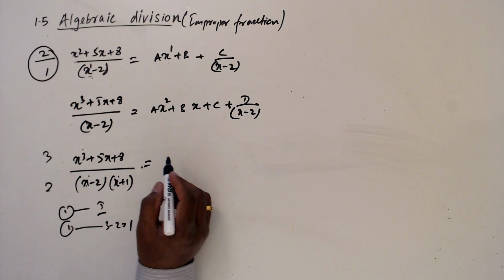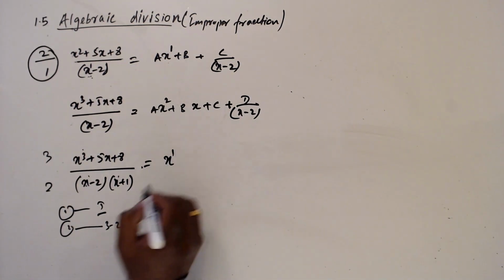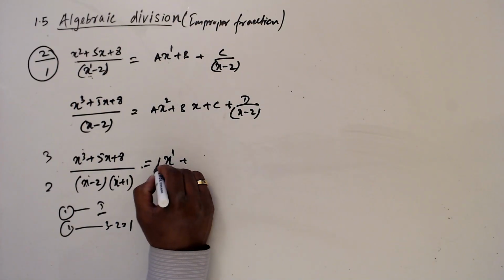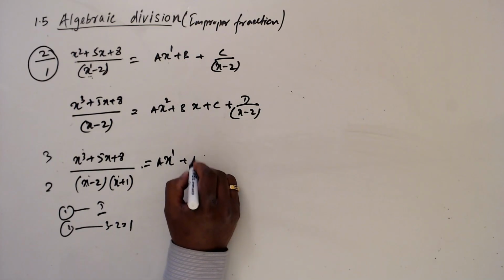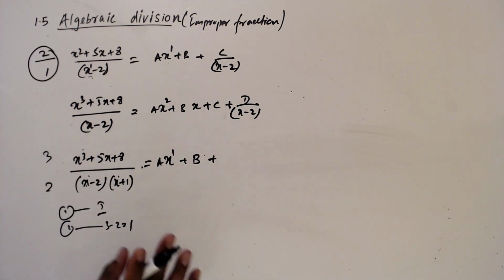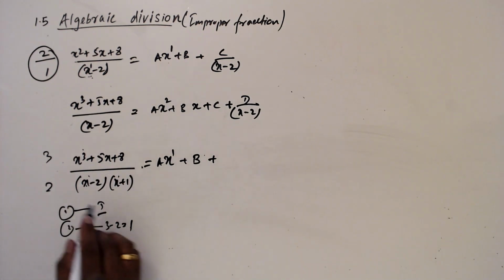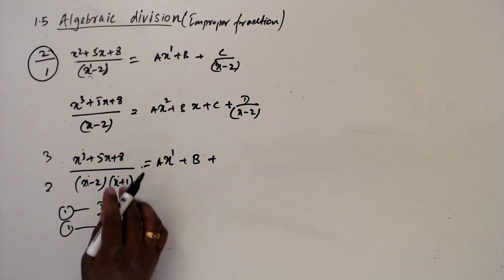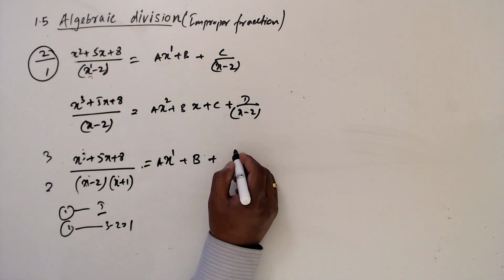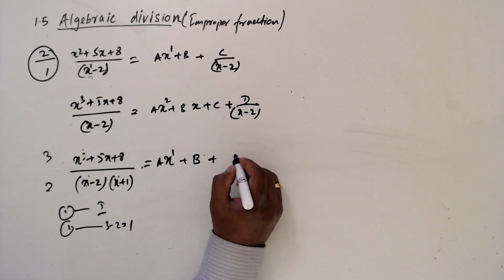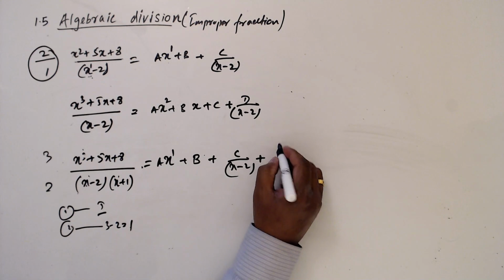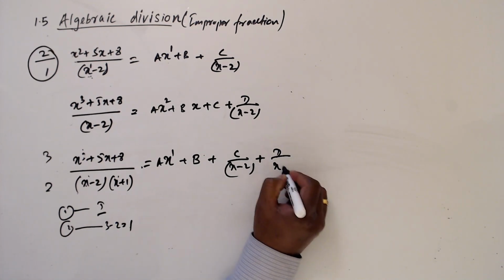So 3 minus 2 is 1. Hence we have x1, because the difference is 1, and then x0. So this is ax1 plus bx0, which is b. Then we dealt with the numerator part because it's a fraction. Now as usual, when you forget this one, how do you deal with this denominator as a proper fraction? We write C over x minus 2 and D over x plus 1.